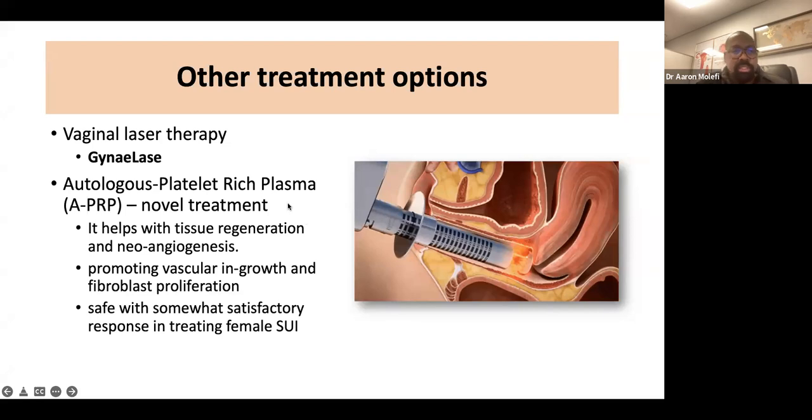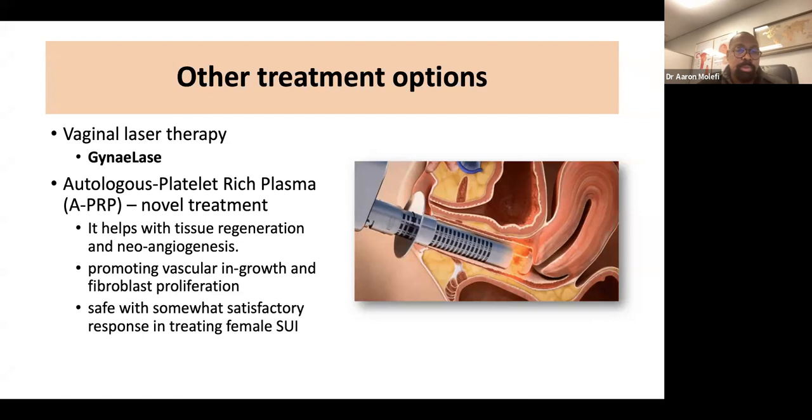And the latest, which is still under investigation, are newer studies that have been done. The numbers are still low. They are using autologous platelet-rich plasma therapy, where they take the patient's own blood, separate the platelets, and then inject those platelets in the posterior or anterior vaginal wall. So what does it do? It helps with tissue regeneration and neoangiogenesis, right?